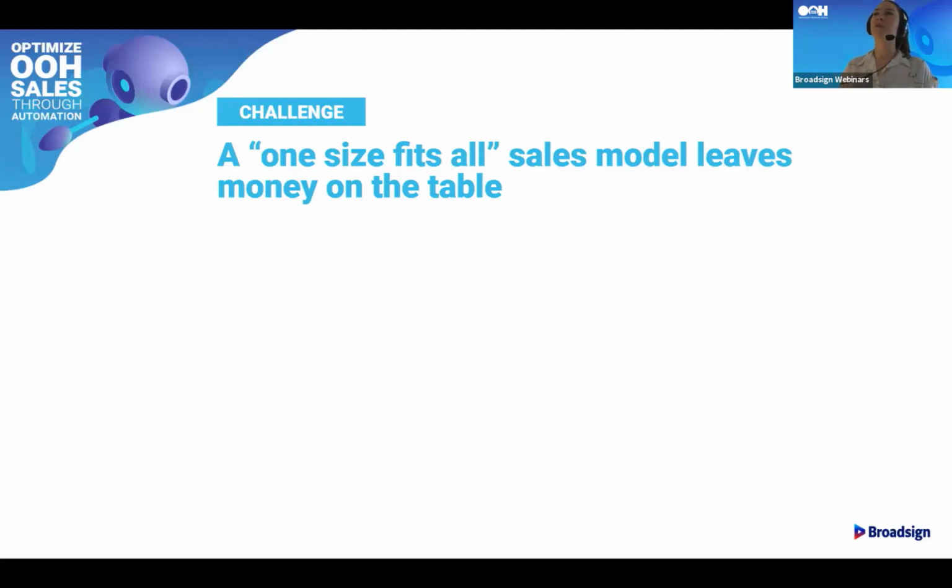So the first problem is about how can you be competitive, and the first challenge that you're facing is that usually a one size fits all sales model is not optimal. One thing that we learned at Broadsign is that there is not one media owner archetype. There's actually many different ways of being a media owner, and you are facing different challenges.